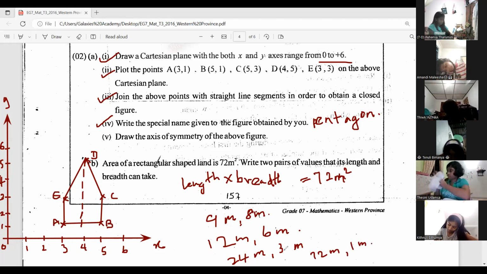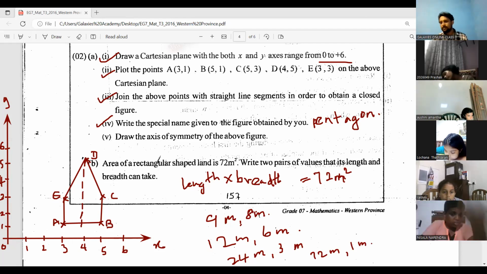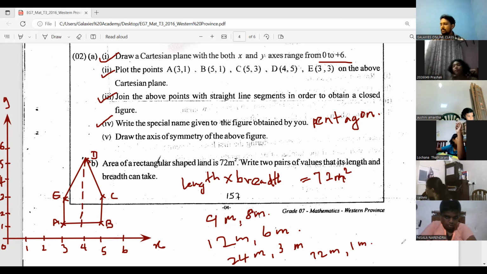You have to select suitable lengths and breadths, and writing two pairs is enough. Right, now we have discussed the second question completely. Then we have to go to the next one, the third question.